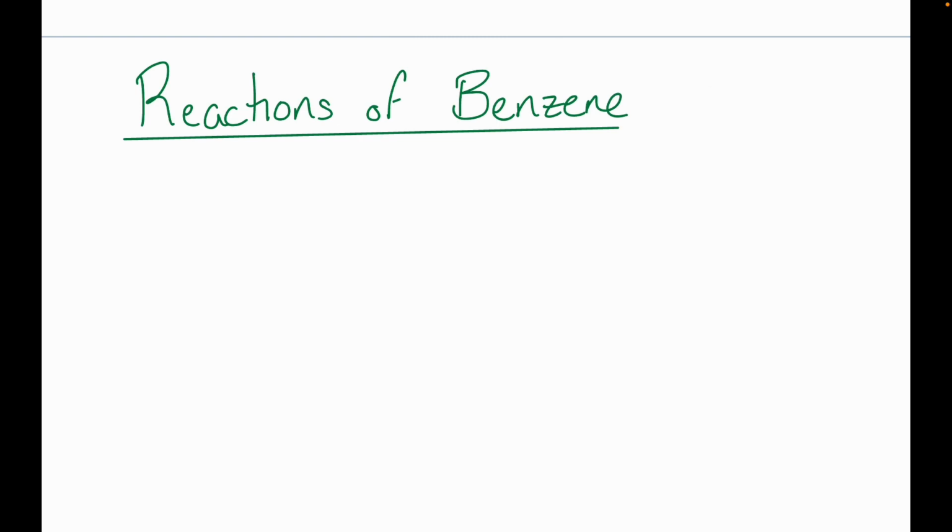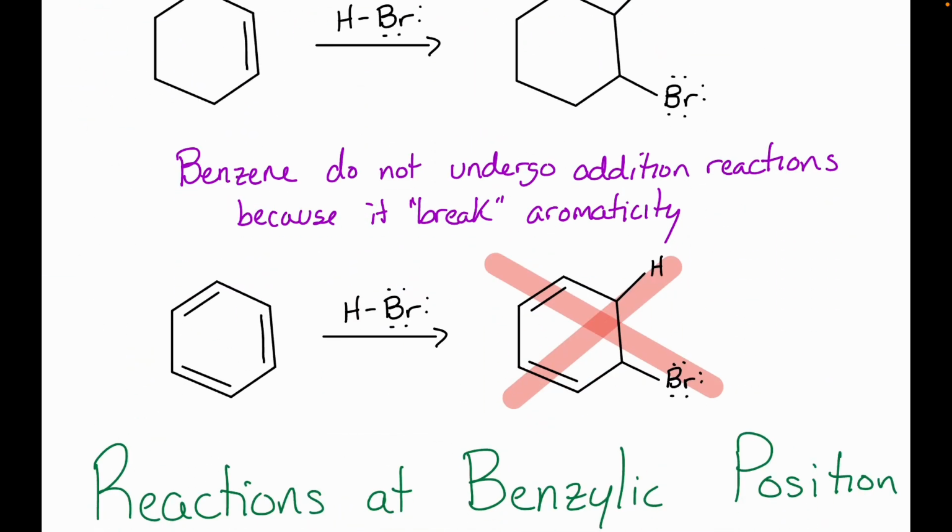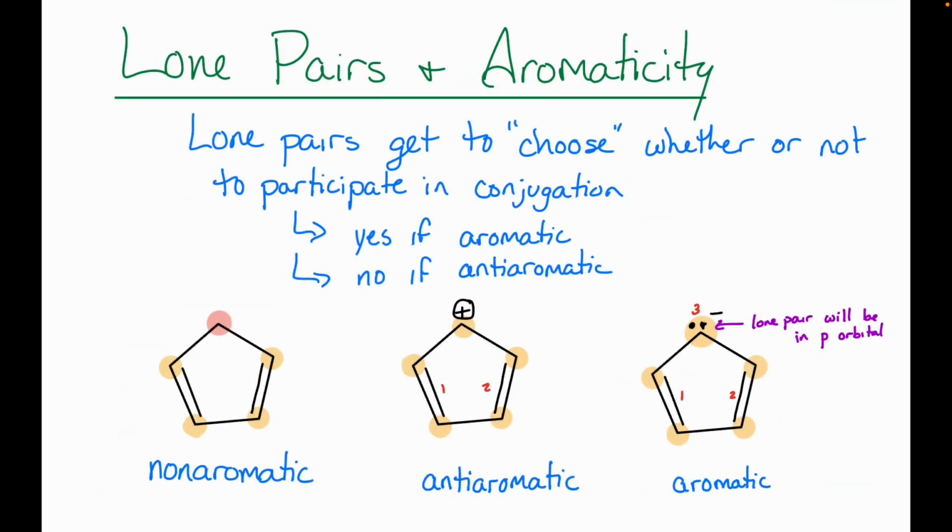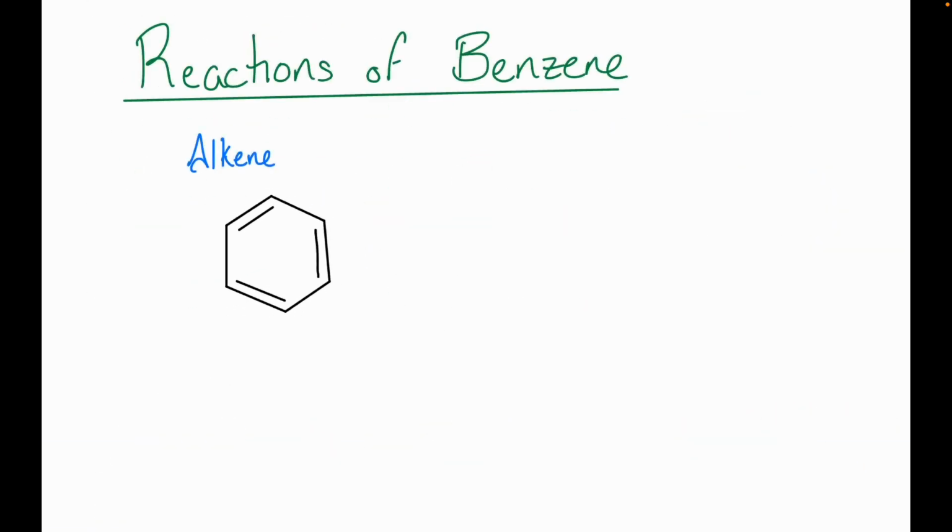All right, so importantly for alkenes, if we take, for example, cyclohexene, we learn that alkenes undergo a particular class of reactions.